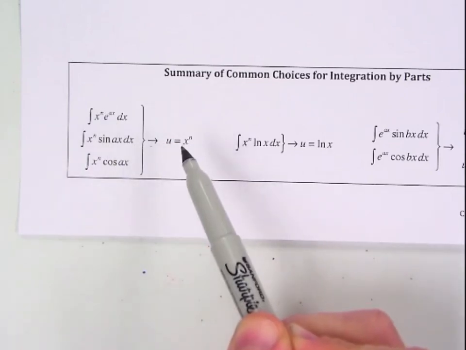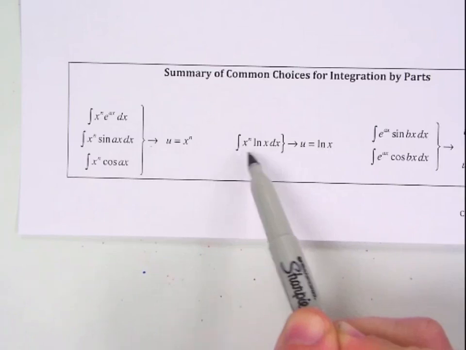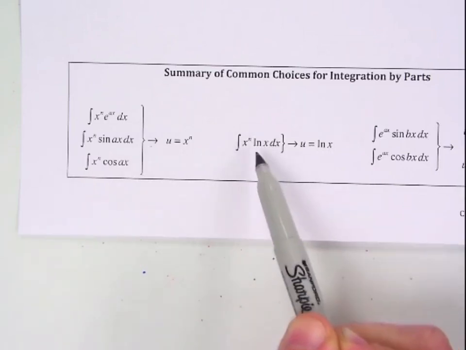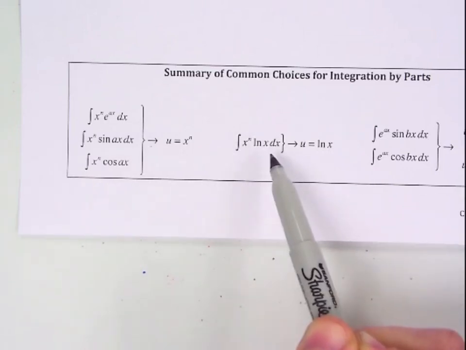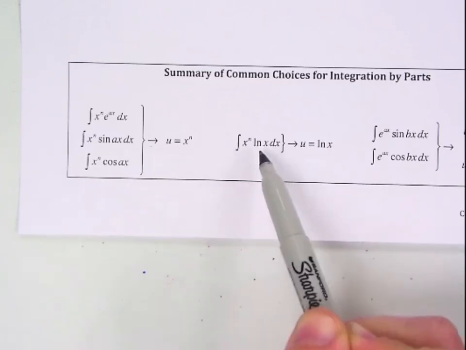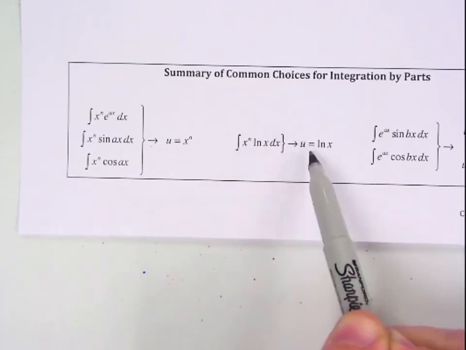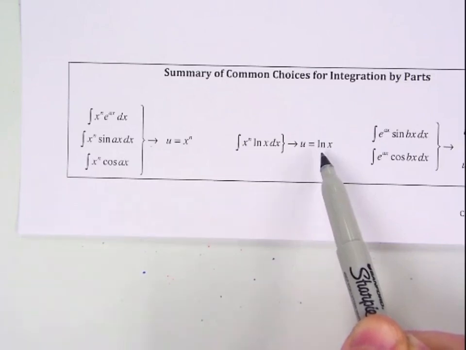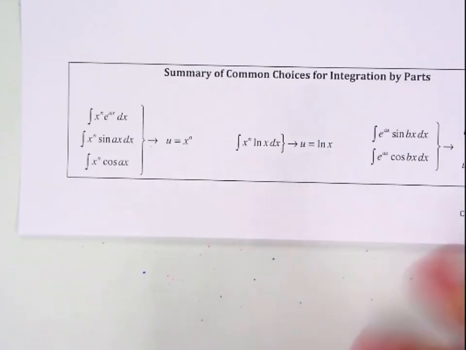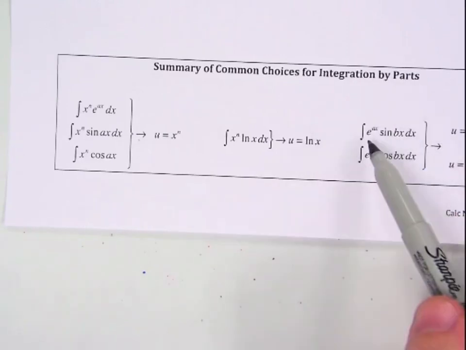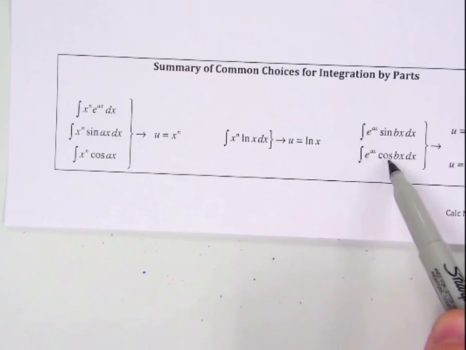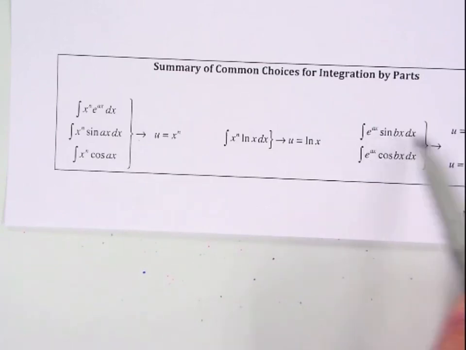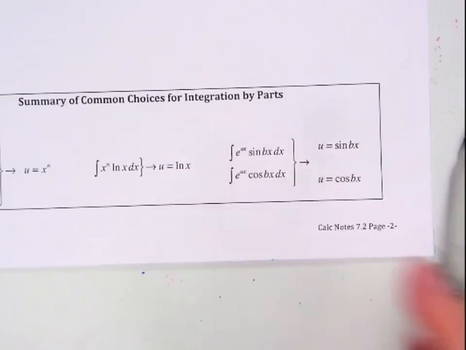Here we have an x to the n paired with ln, natural log. In this case, u is going to equal ln. And we have a couple that have e and sine, or e and cosine. In this case, you're going to let u be sine or cosine. That's your cheat sheet.